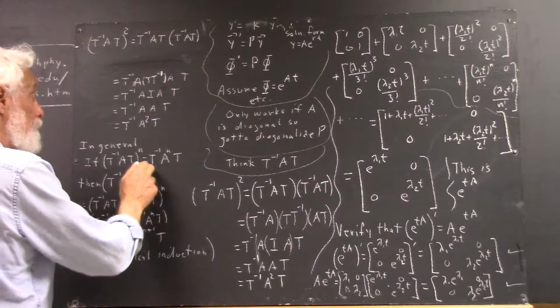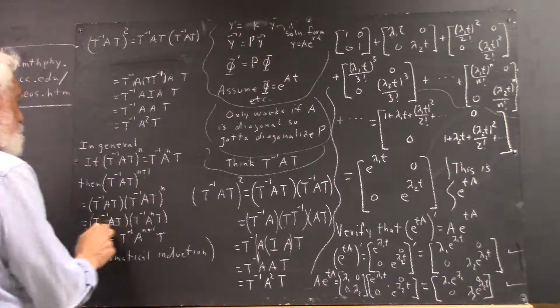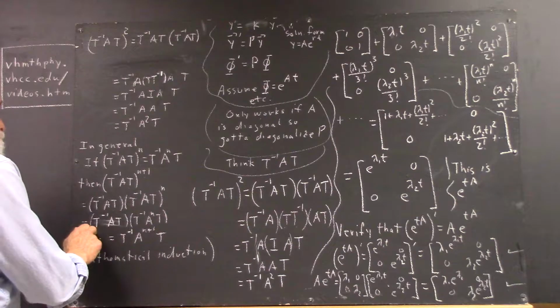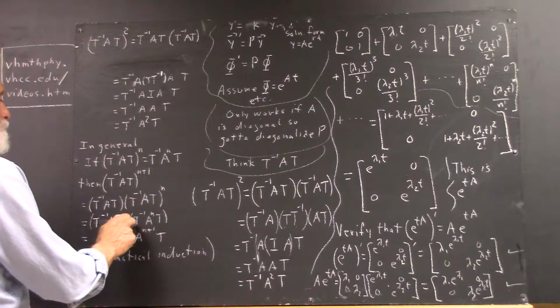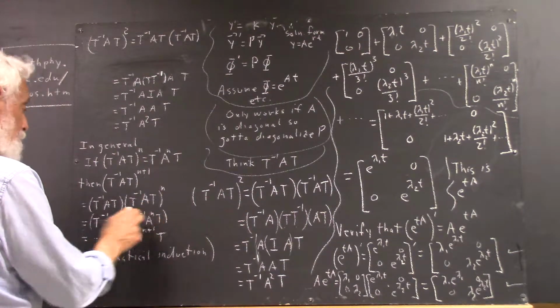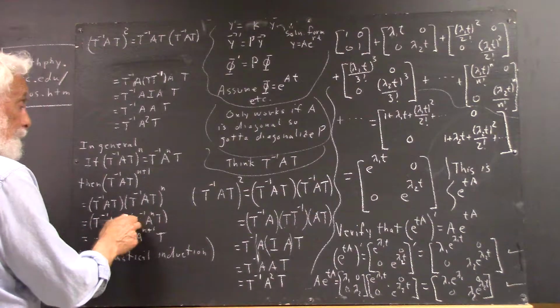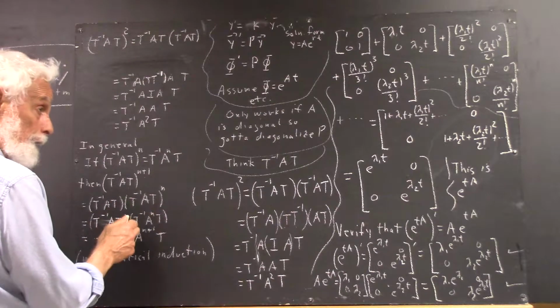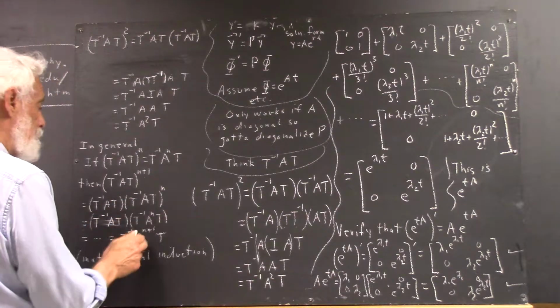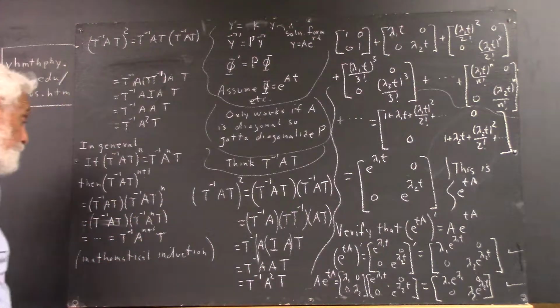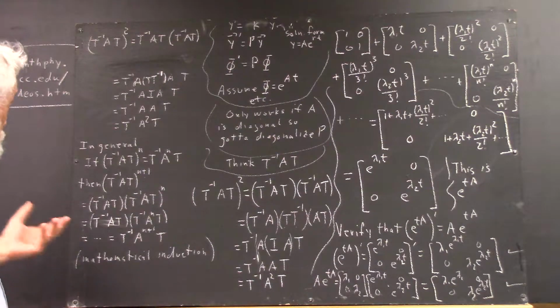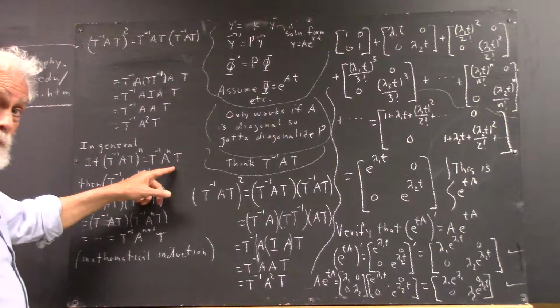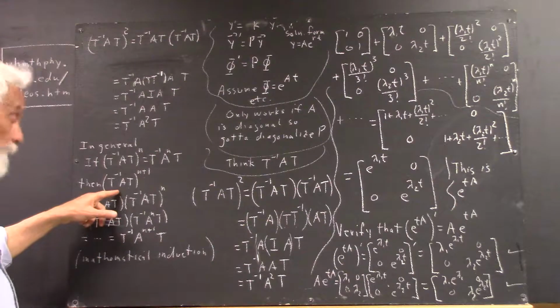But if that's T inverse A to the n T, we can write this as T inverse AT times T inverse A to the n T. And now we can multiply the T and the T inverse to get the identity. So we have A times the identity times A to the n. Well, that's just A times A to the n, which is A to the n plus 1. So that proves that if this is true, then this is true.